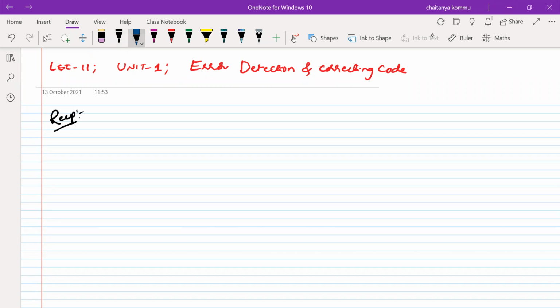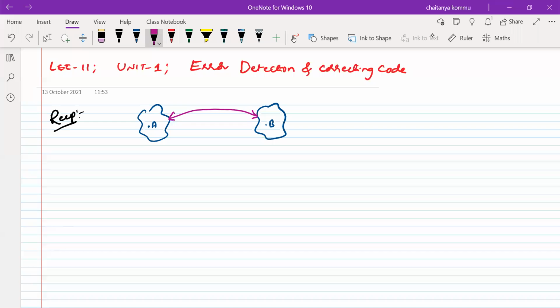For example, whenever we are sending some information from point A to point B, from source to destination, this information must be transferred from one end to another without any problems. That means this message cannot be stolen by any other person. So it is better to represent it in the form of codes. Therefore, people are not able to identify what the code is. That is one thing.